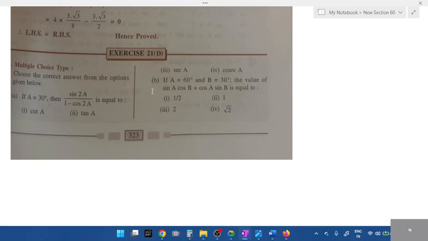What is 21D? Send the entire thing. How many pages are there? Okay, send that. How many exercises are there? E and F. Do you have an E and F?